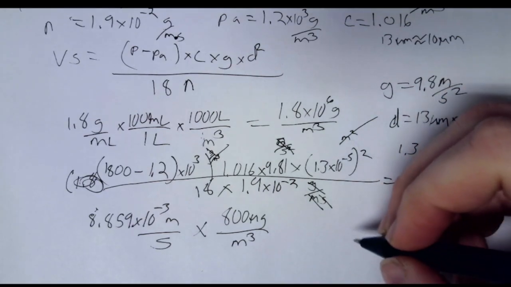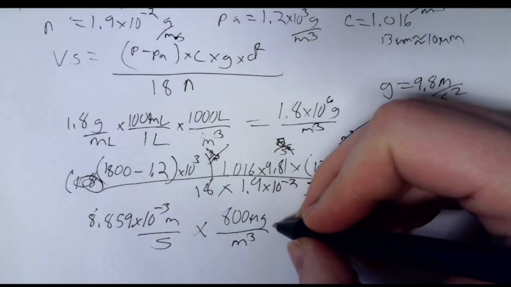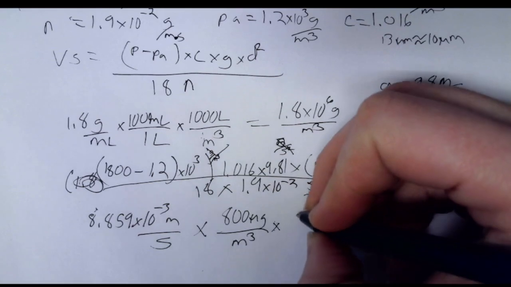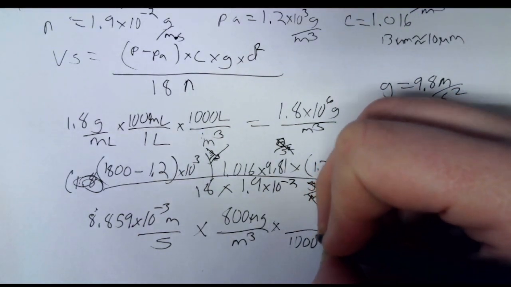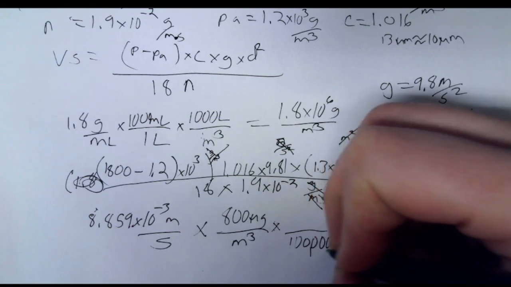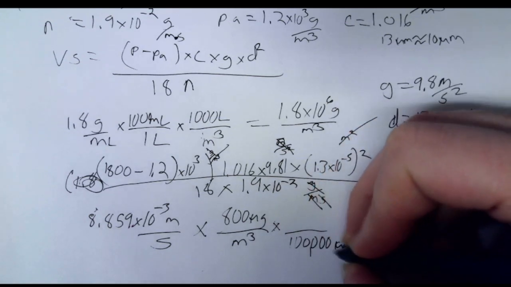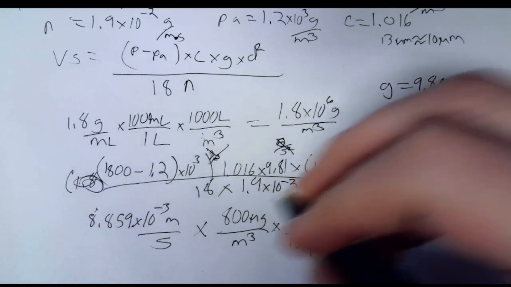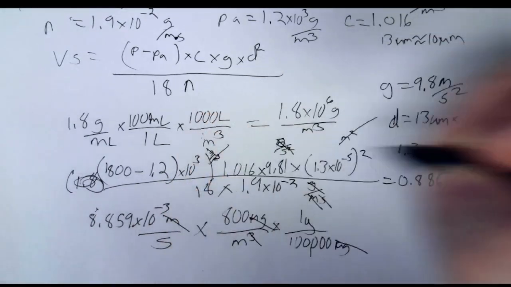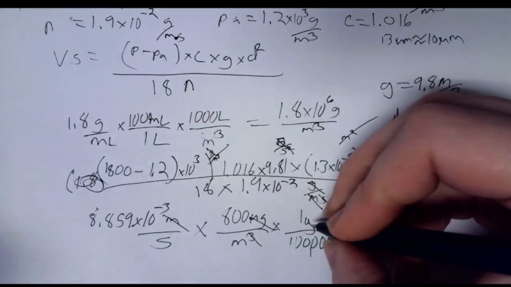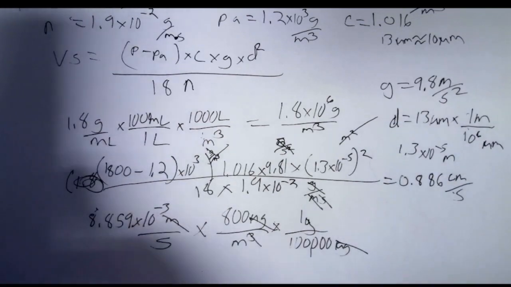I need to turn micrograms into grams. There are 10 to the 6 micrograms in 1 gram. Meters cancel meters, and we'll be left with grams per meter squared second.